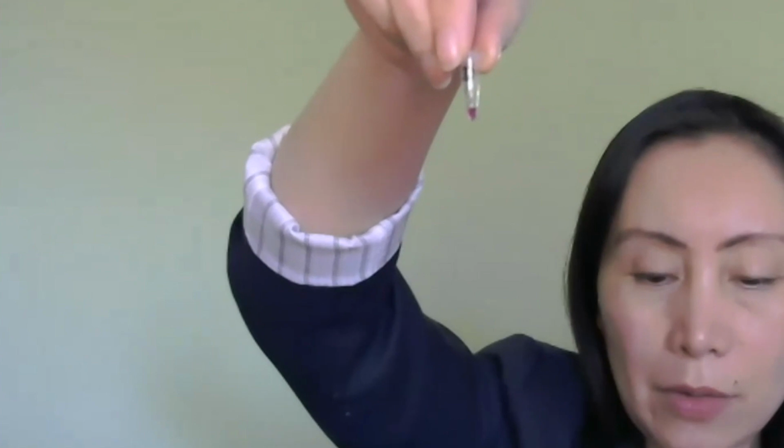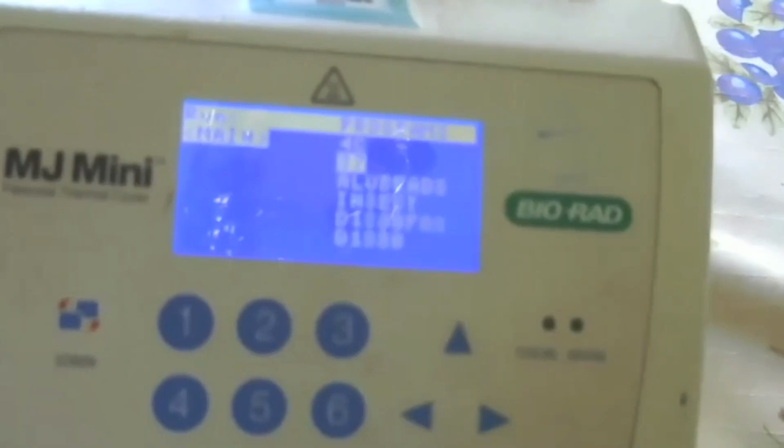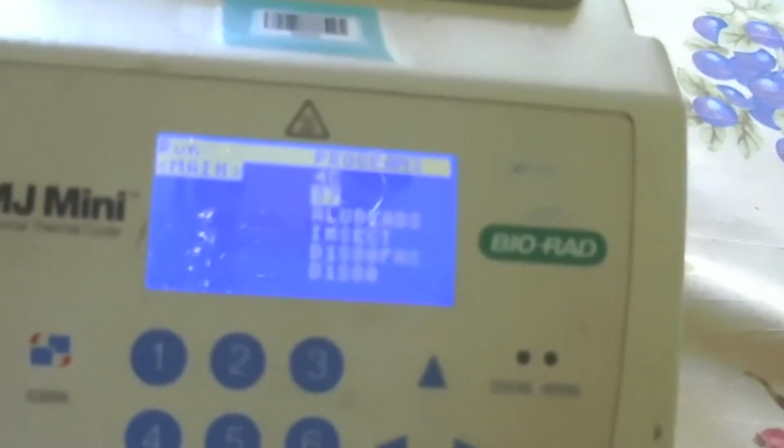So how are we going to find the 37-degree incubator here? Actually, we don't need it. We can just use the PCR machine and set the temperature to 37 degrees for 30 minutes. That's what I'm going to do now. I set up a special program and call it 37.